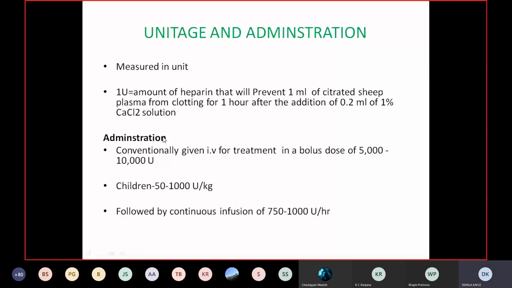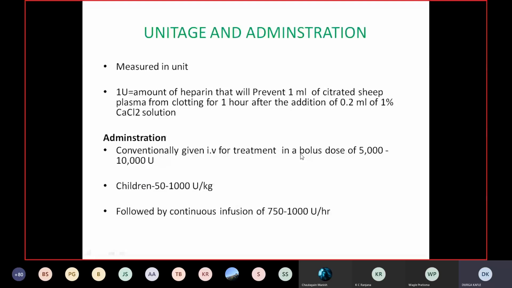Always you have to give it in units. It is available in units. Conventionally it is given by the intravenous route for treatment. For treatment you follow the intravenous route, but for prophylaxis you can give the subcutaneous route.